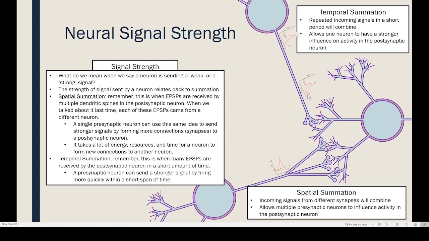And on this one that is practicing temporal summation, as this action potential is moving towards the postsynaptic neuron, as soon as it can, this neuron will fire again and start sending another action potential down its axon. In reality, it probably wouldn't happen while this action potential is still traveling down the axon. It would probably have to wait until this action potential reaches the neuron. But just for simplicity's sake, I'll show a whole train of them happening.